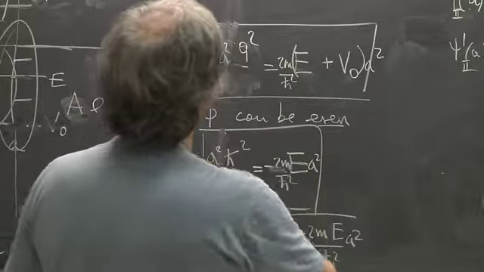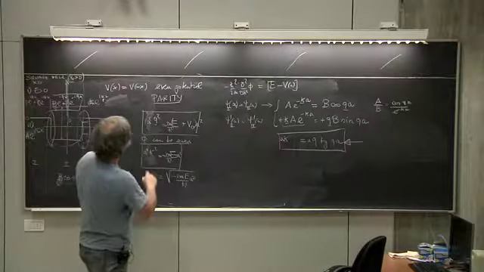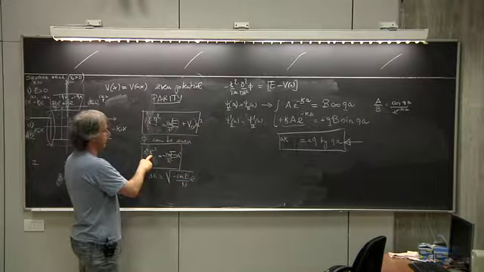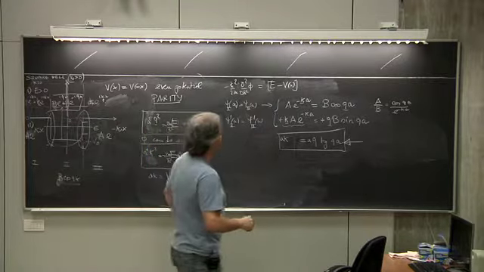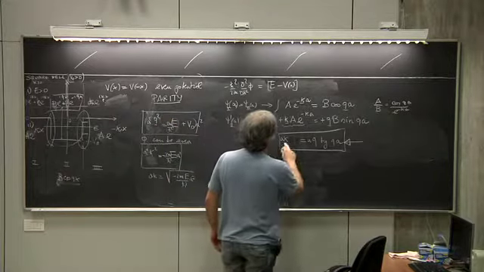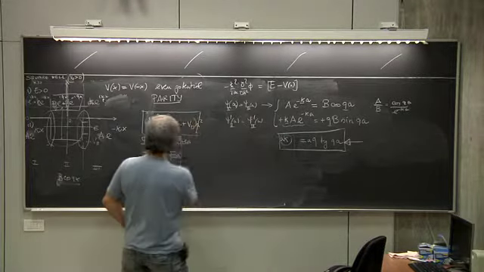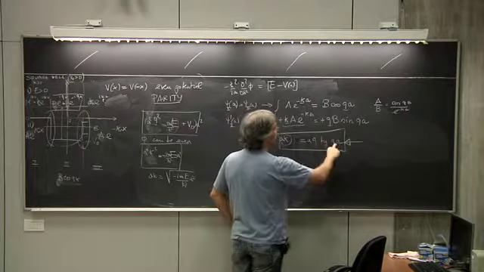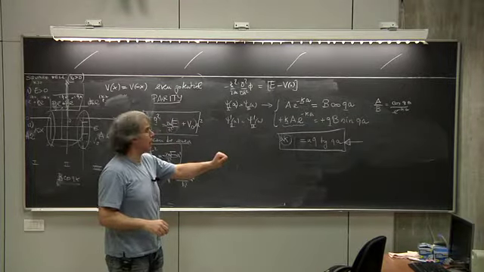And similarly here I have a similar object. Notice that this object here is minus k square. You can do some manipulations of this thing, but the important thing is that now I have a k on one side that is a function of the energy, and a q on the other side that is also a function of the energy, and I should solve this problem.